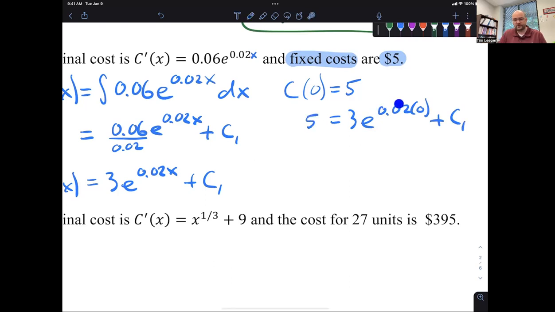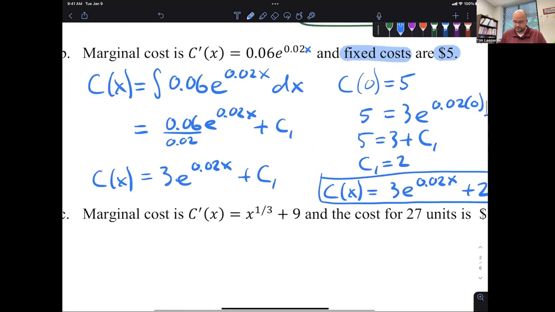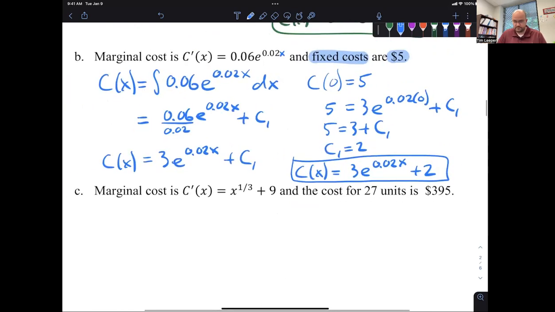Now, e to the 0 is 1. 1 times 3 is 3. So 5 equals 3 plus c1. Subtract the 3, so c1 has to be 2. So the overall cost function here is 3 e to the 0.02 x plus 2. And there you go. That is letter B.